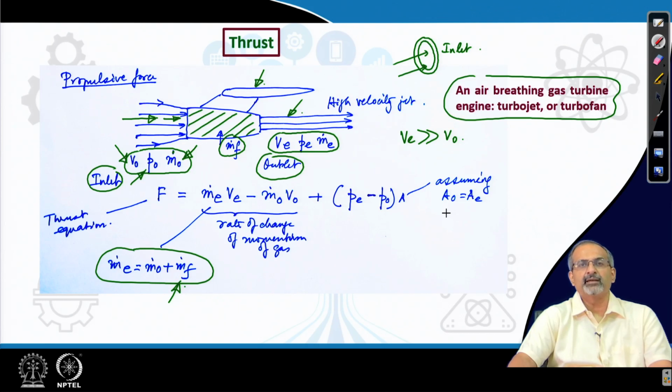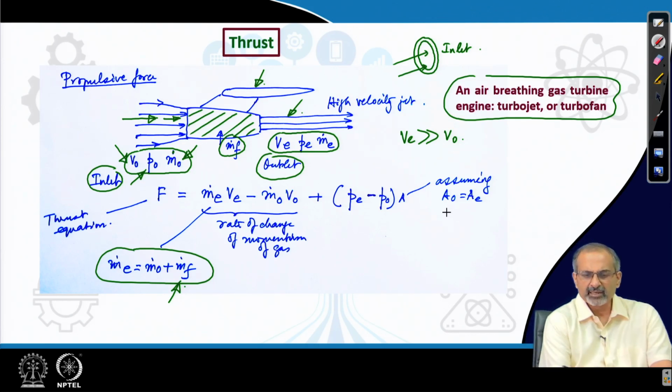Neither are we looking at a rocket engine, where usually we do not have air flowing into the engine, but a high velocity jet coming out of the engine, because we have the fuel and the oxidizer in the rocket. It is available inside the rocket, it does not depend on ambient air to burn the fuel.